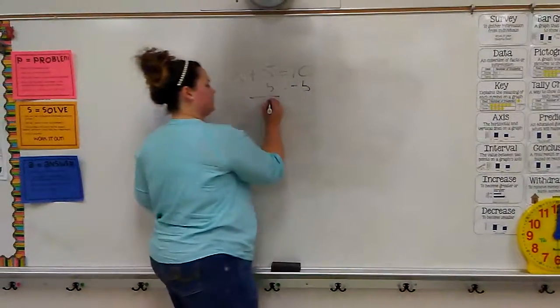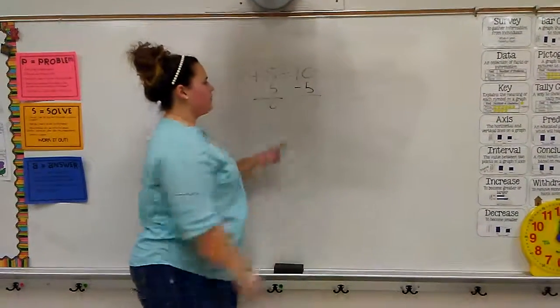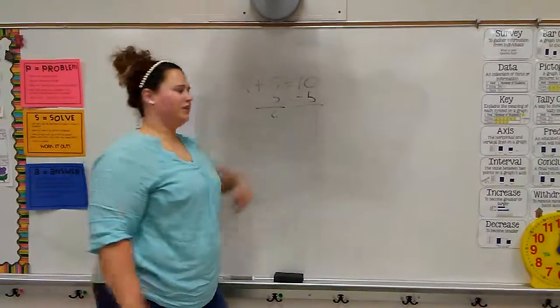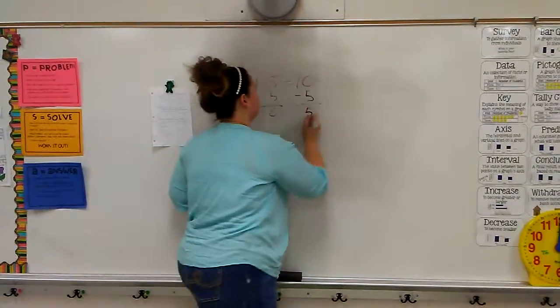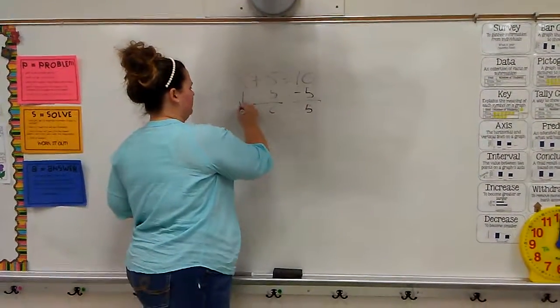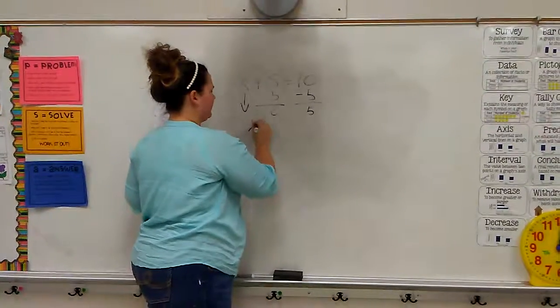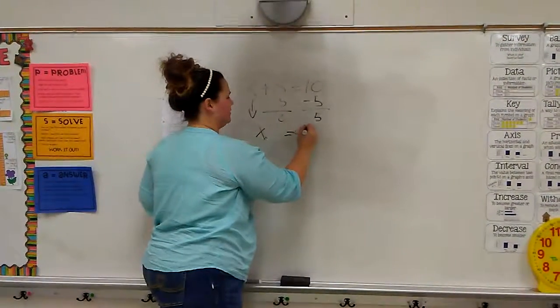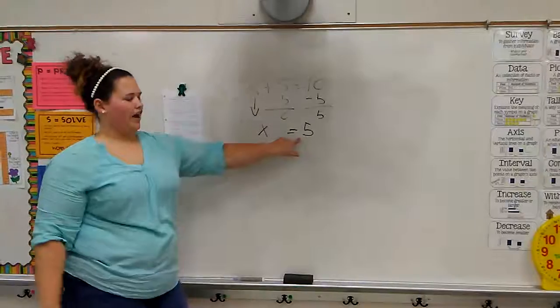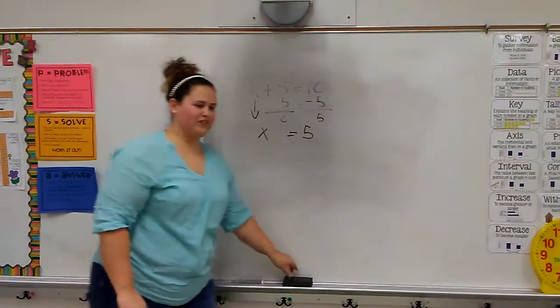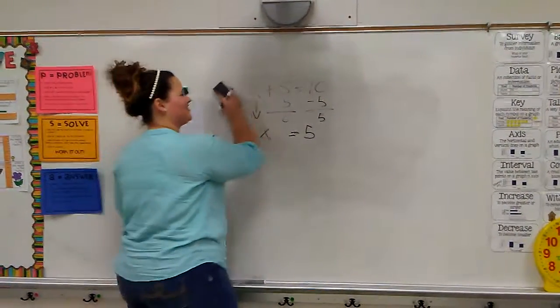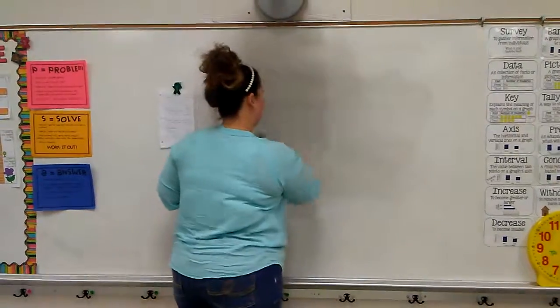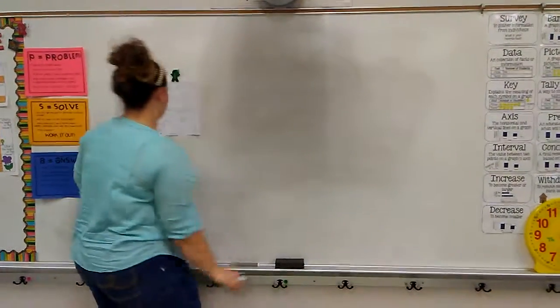That's right, it's 0. And what's 10 minus 5, Mariah? Good, that's 5. So we bring this x down, bring our missing variable down, and x equals 5. Now that was pretty simple, wasn't it? Yeah, it's not so scary. No reason to be afraid of those terms.